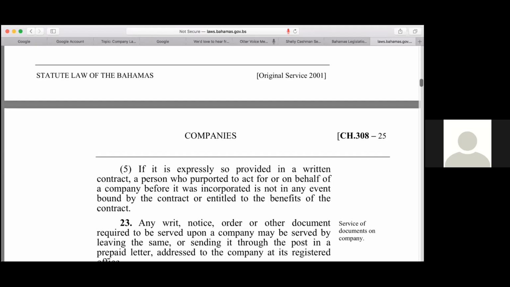So in the case that I have here in the notes, Gluckstein versus Barnes. Yes, Gluckstein versus Barnes. So in here, the promoter was making a profit of 20,000 pounds.